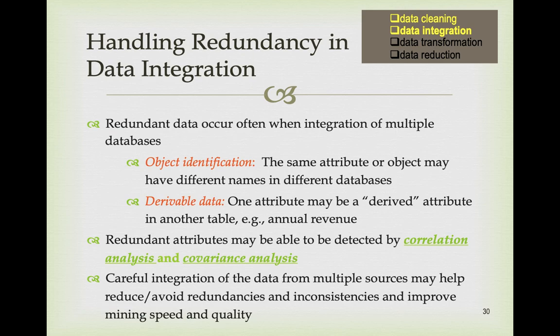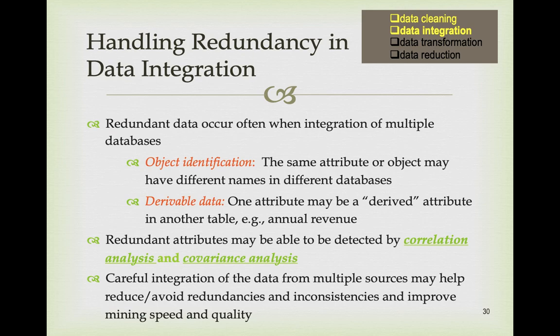Handling redundancy in data integration. Redundant data occur often when integrating multiple databases. Object identification: the same attribute or object may have different names in different databases, as I mentioned earlier. Derivable data: one attribute may be a derived attribute in another table, for example, annual revenue.